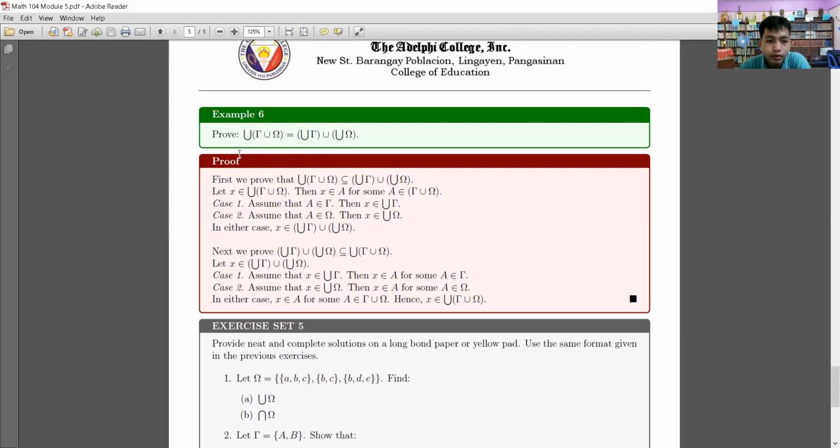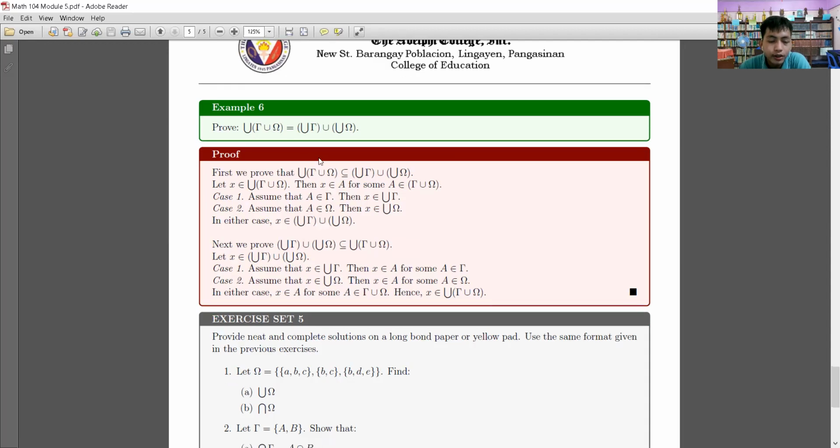So yung first muna, let X be in the generalized union of tau union omega. Then, by definition, X is in A for some A in tau union omega. Okay? Case 1.